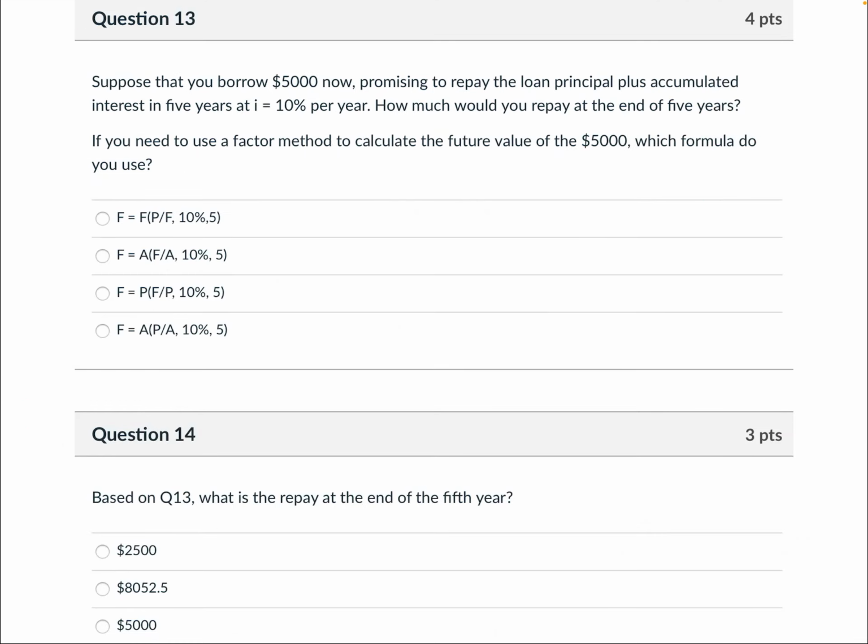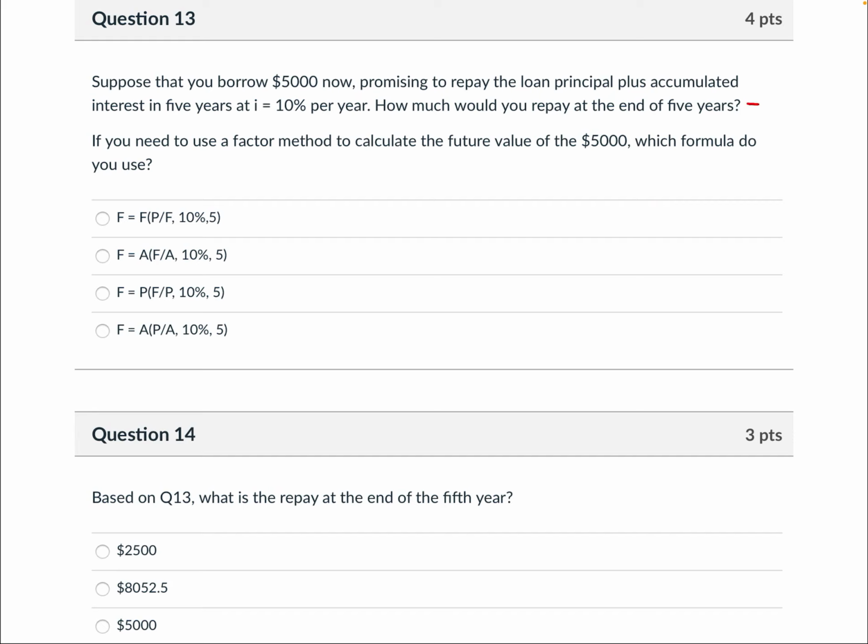Suppose that you borrow 5,000 now. Okay, you borrow 5,000. This is a new question. Promising to repay the loan principal plus accumulated interest in 5 years at an interest rate of 10% per year. How much would you repay at the end of the 5 years?